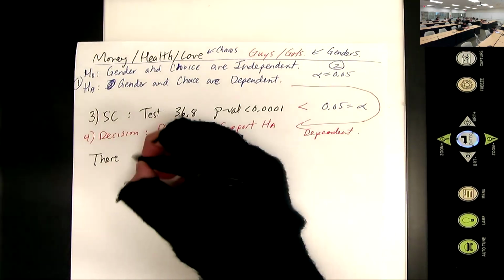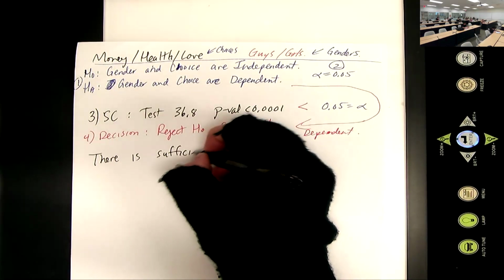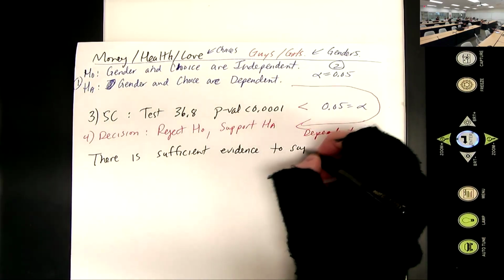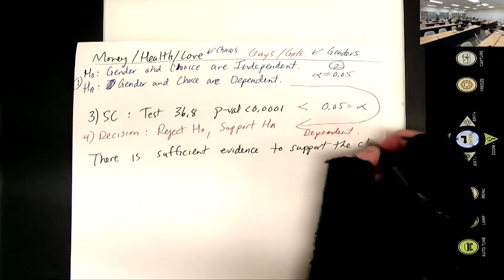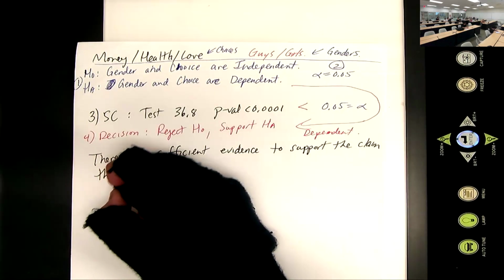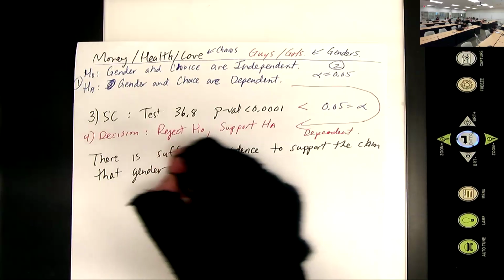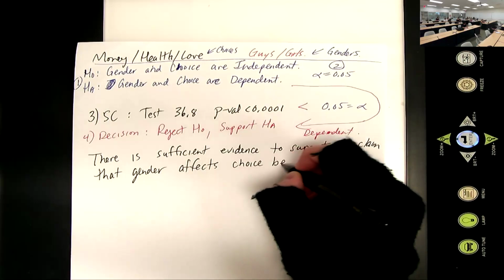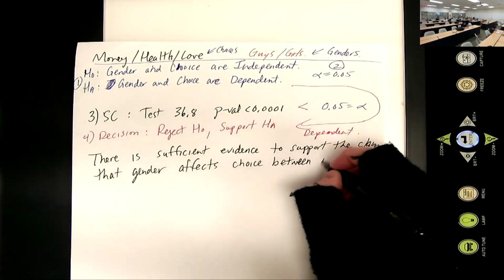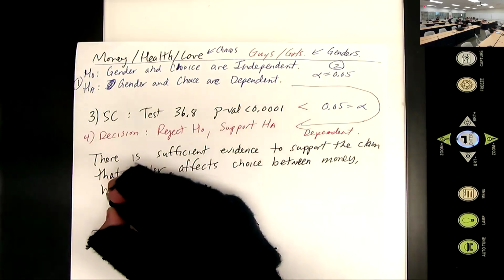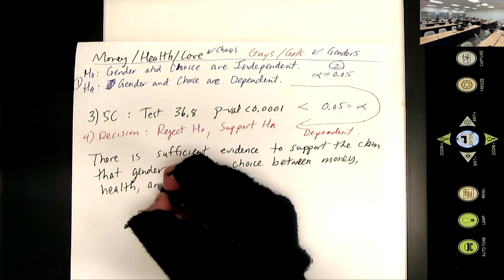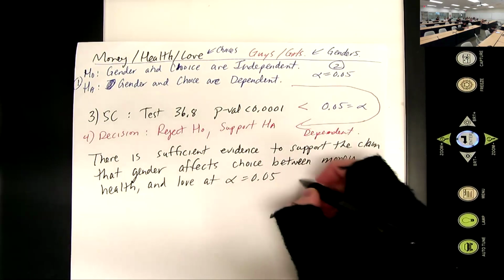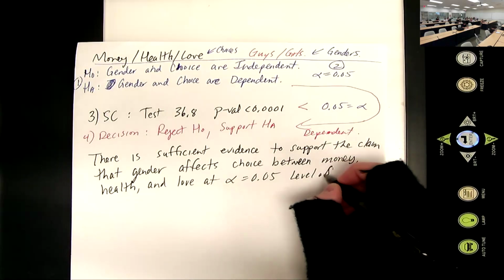There is sufficient evidence to support the claim that gender affects choice between money, health, and love. Alpha equals 0.05, the level of significance.